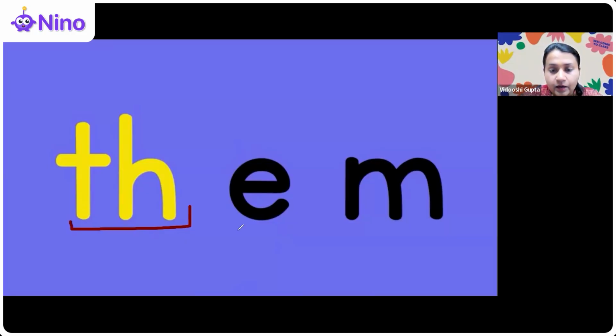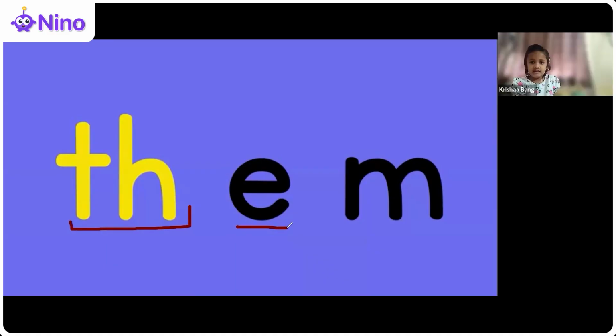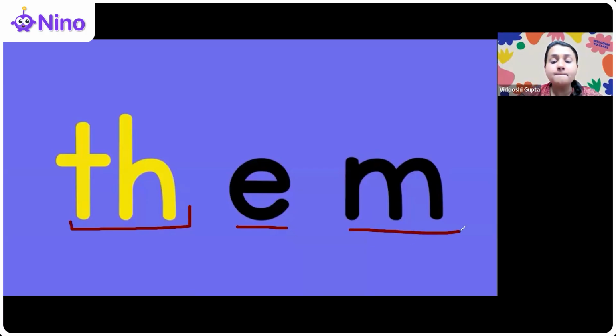The sound of letter E is e, egg. And the sound of letter M is mm. Now we have the three sounds. So when we join all three sounds together, what word does it become?